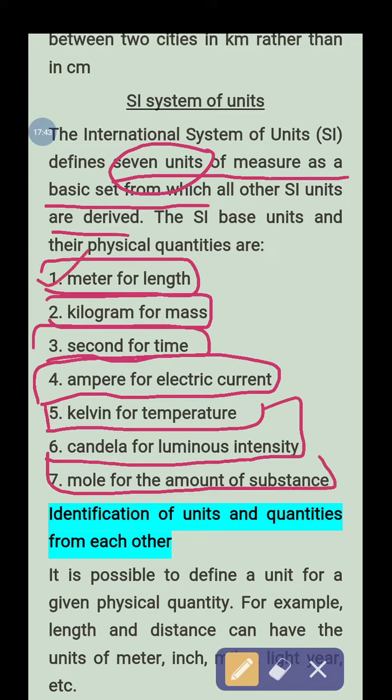These are the 7 fundamental quantities of our international system.